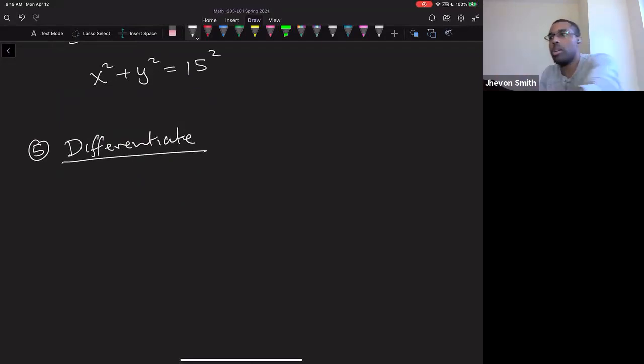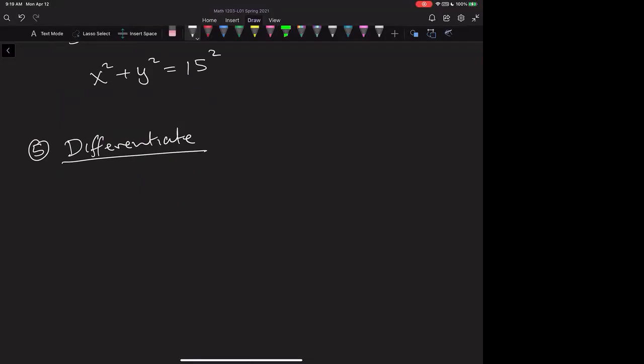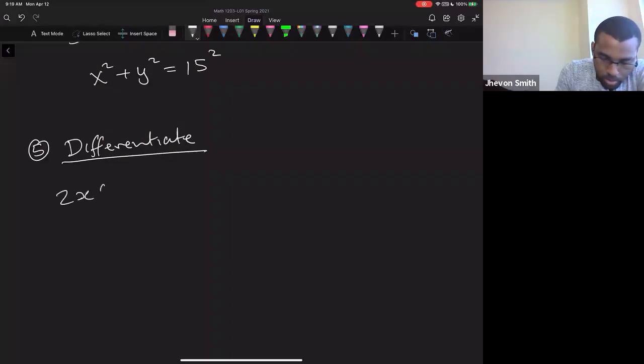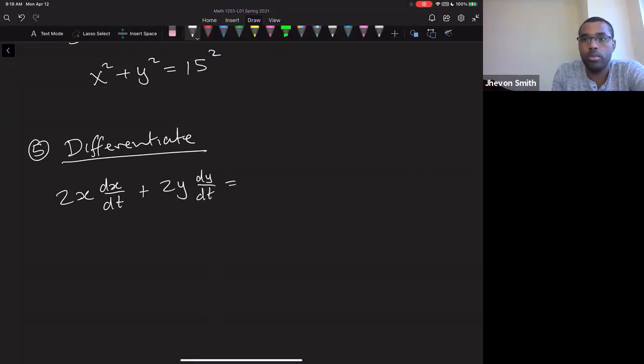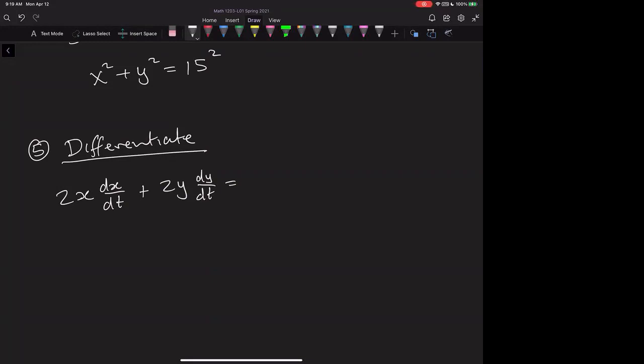The derivative of x squared is what? 2x dx/dt. Correct. The derivative of y squared similarly is 2y dy/dt. The derivative of 15 squared? Zero, right? It's a constant.